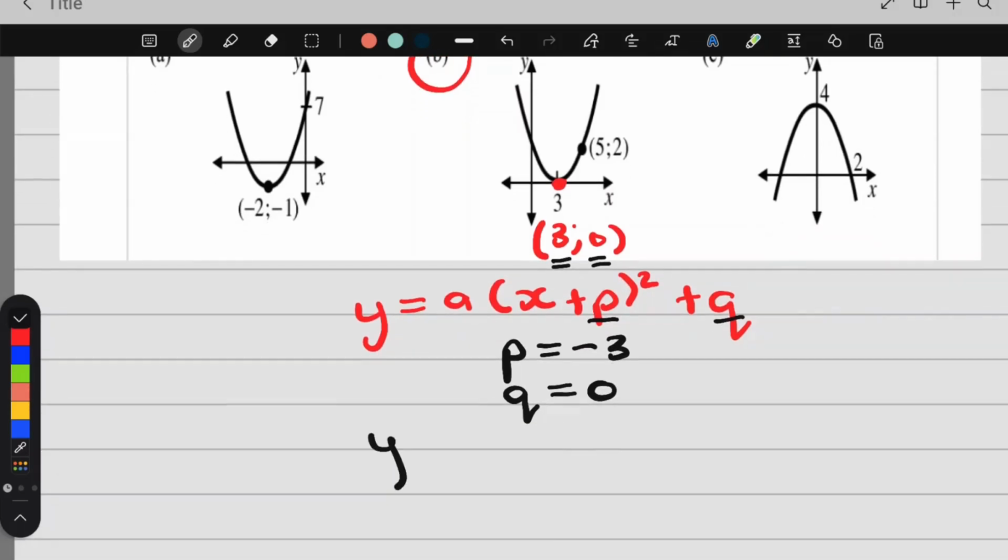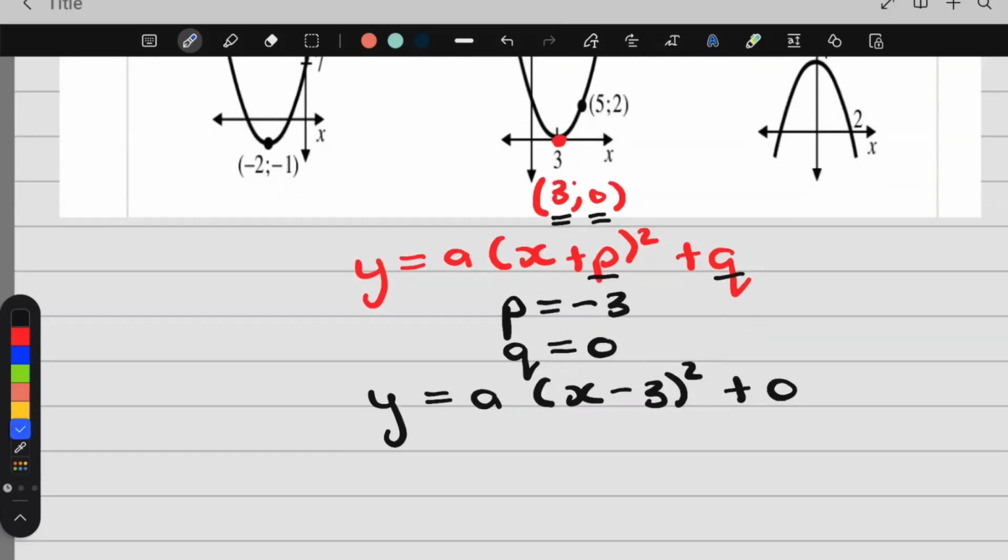Okay, so I'm going to rewrite this. And plus P becomes my -3, everything squared. And then Q is 0. You don't have to write the 0. But we'll write it down because it's our first time doing it. To get this A here in front, I'm going to substitute any other point on the parabola.